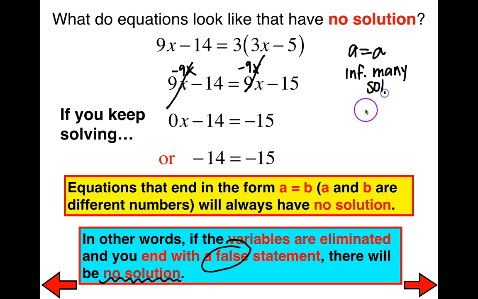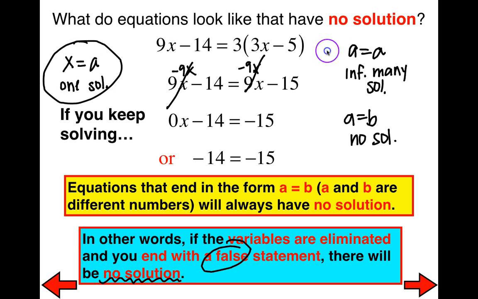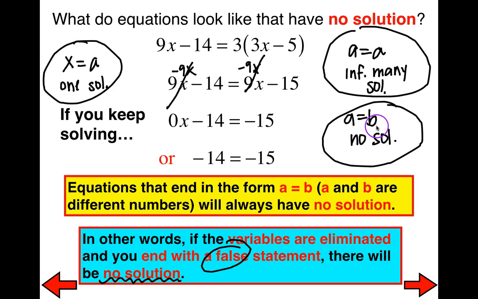However, if we end up with a equals b, that is no solution. But let's not forget the very first one, which is x equals a. Basically, this means the variable equals one number. This is one solution. So these are the 3 types that we're going to be working on from now on: one solution, infinitely many solutions, and no solution.